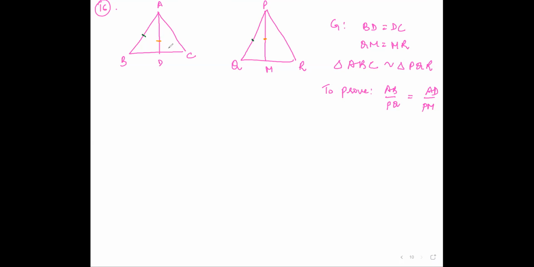Yes, Rida, are you there? Yes, ma'am. Ma'am, AB by PQ is equal to BC by QR is equal to AC by PR, plus CPCT. Yes, okay, corresponding parts of similar triangles.